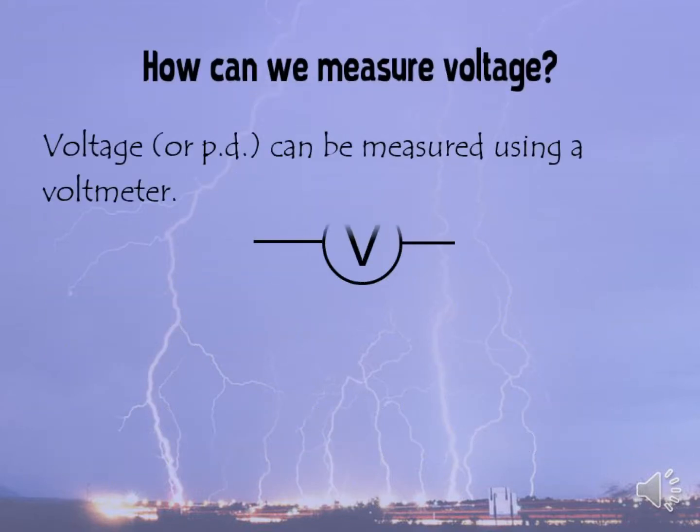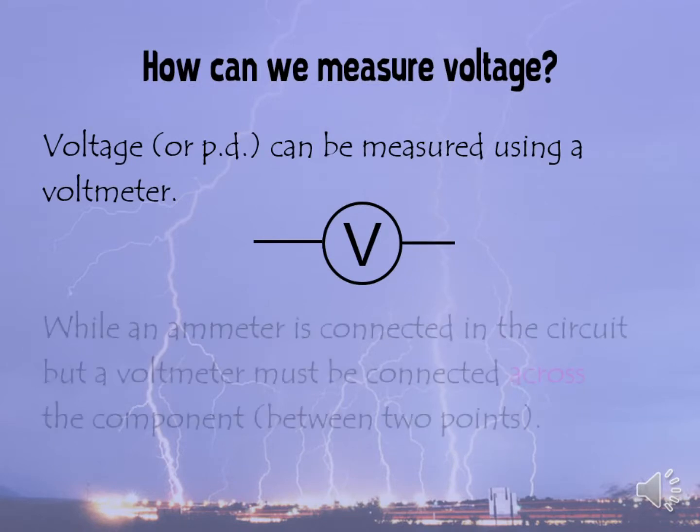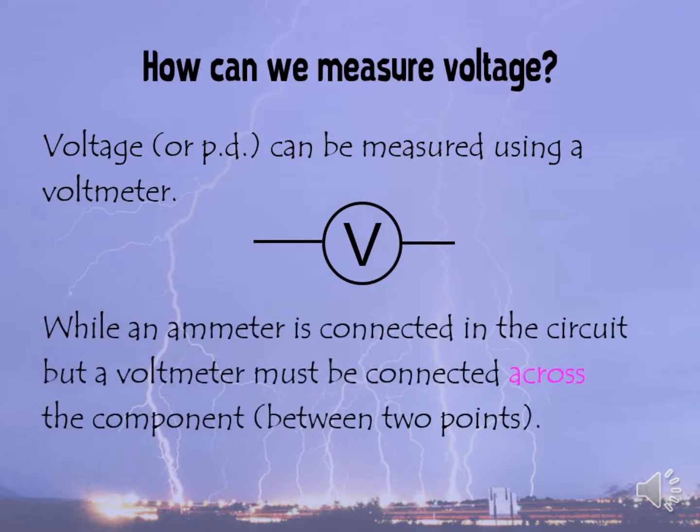So how do we measure voltage? Well, using one of these devices in a circuit, a voltmeter. And unlike an ammeter, a voltmeter must be connected at 2 points, which means it is connected across a component, allowing us to see electrical energy being used at different places around the circuit.